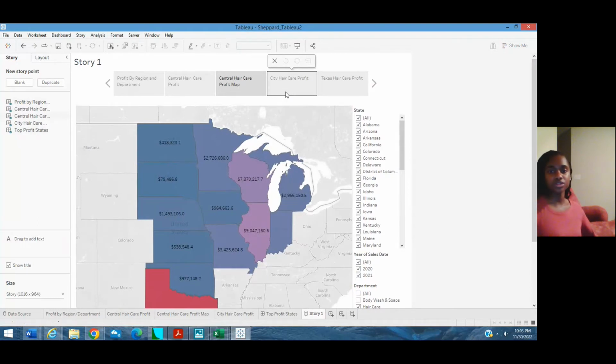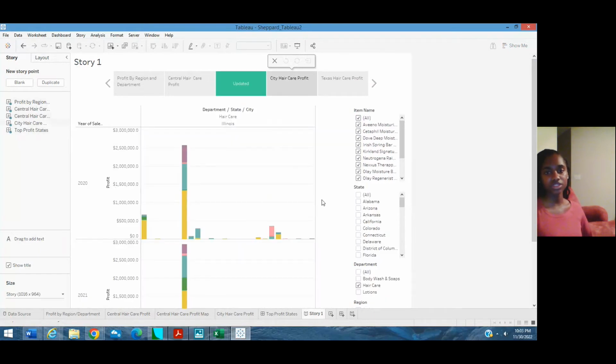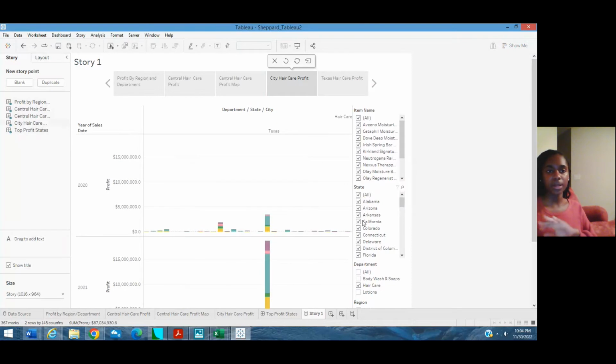Then we move on to the city hair care profit. Again, we talked about how the cities give a bit of a more detailed look into what exactly goes on within those states to make the profits the way that they are.